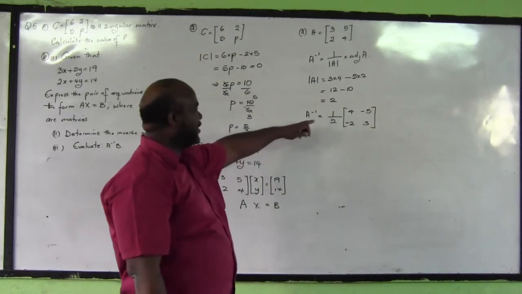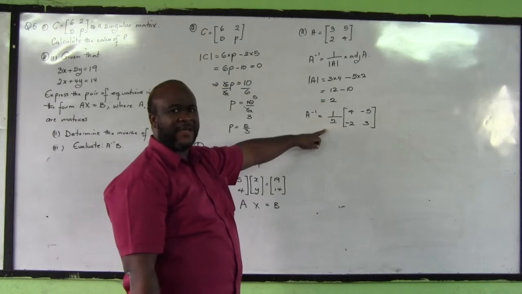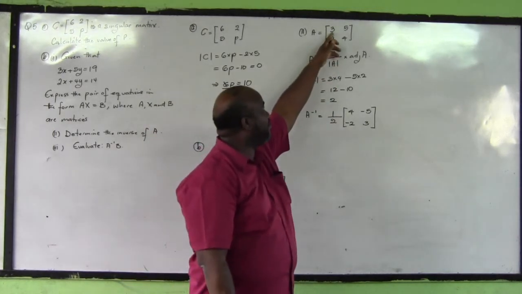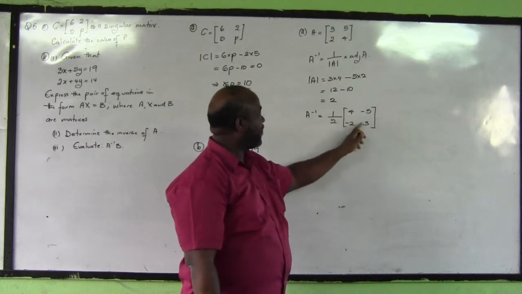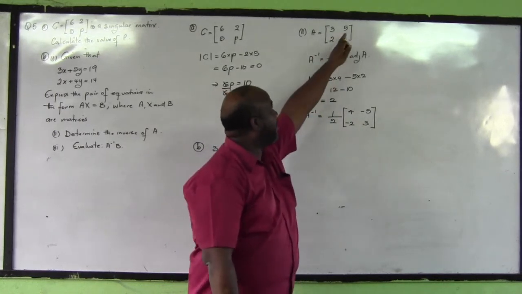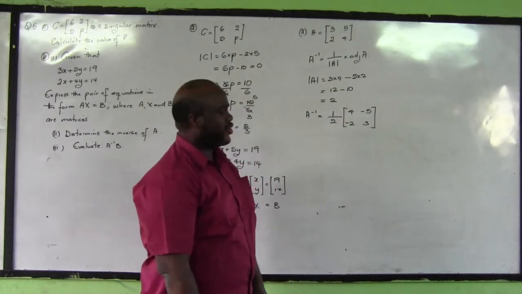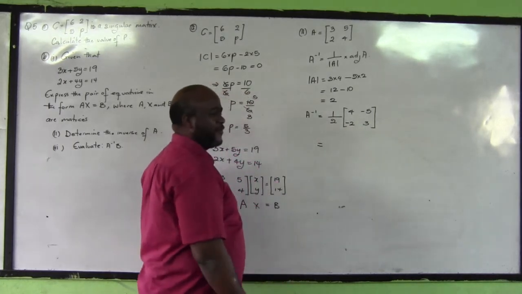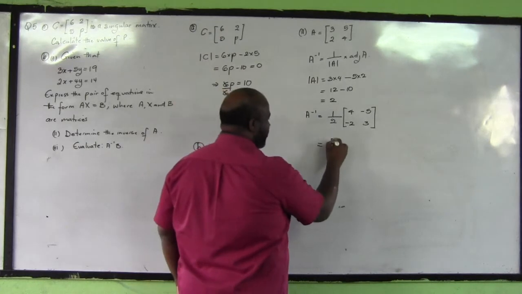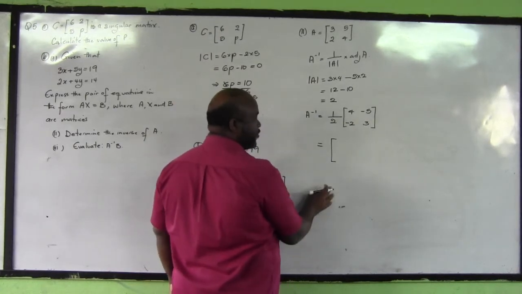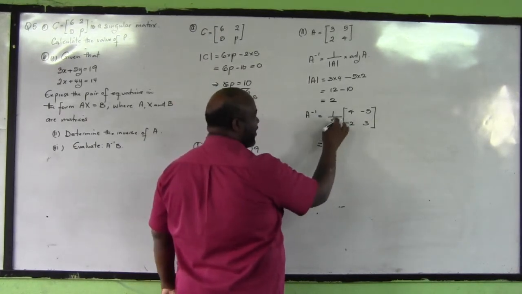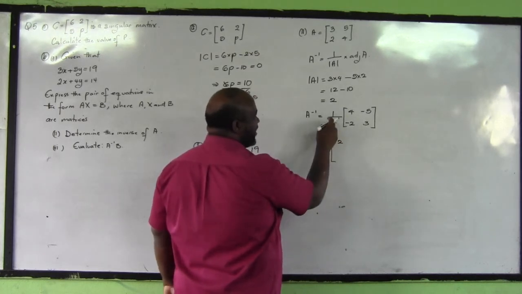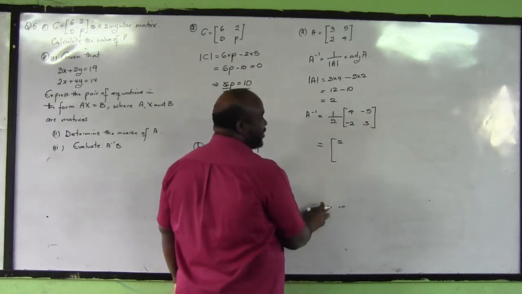So A inverse is 1 over the determinant of A times adjoint A. Adjoint A, these two change positions. These two stay where they are, but their signs change. Now let's multiply everything here by a half. So tell me, what is a half times 4? 2. A positive times a negative is a what?